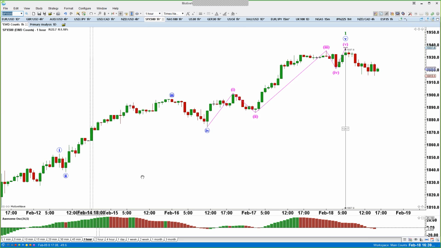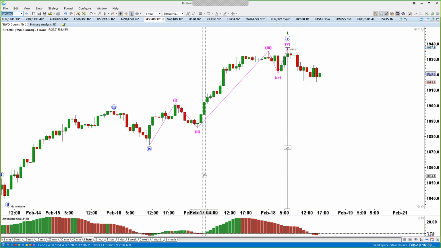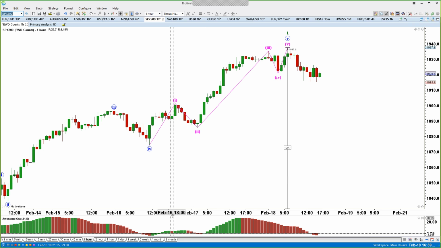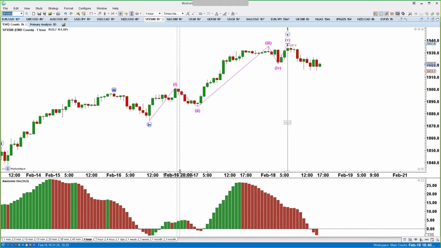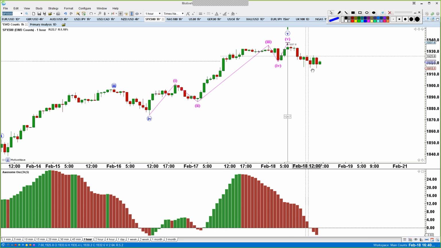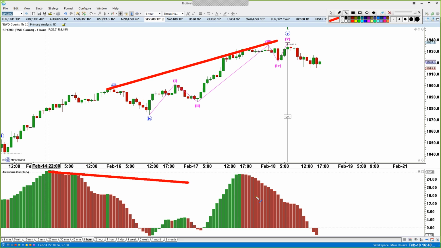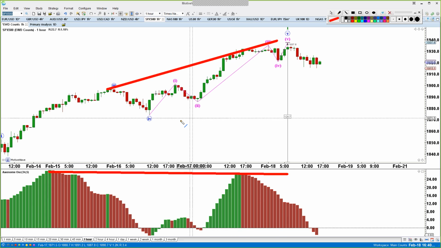And the hourly chart is now showing also divergence. Let me increase my indicator here. So there I have the divergence, and now I'm looking for validations.